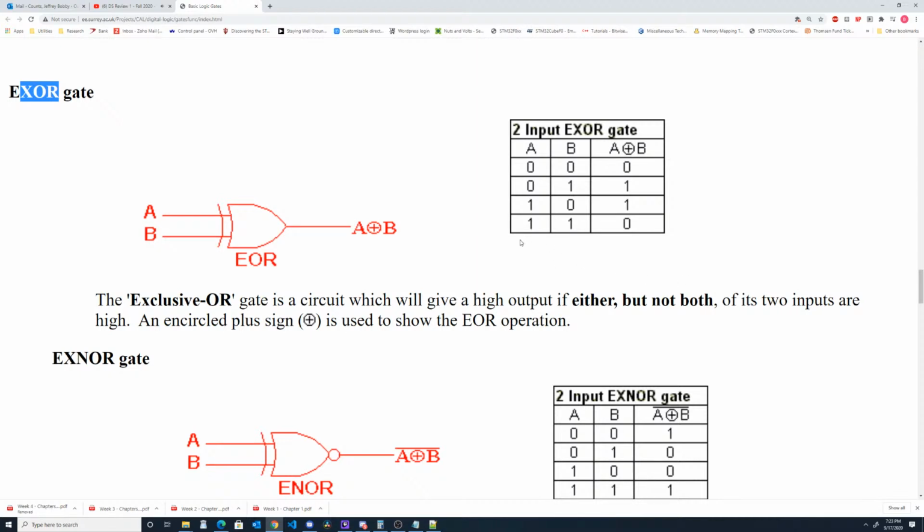You typically don't see very many of those. An exclusive OR is like an OR, except that if both the inputs are 1, you get a 0. So it's like an OR, A or B: if they're 1, you're going to get a 1 output, but they have to be exclusive. A has to be exclusively 1, or B has to be exclusively 1.